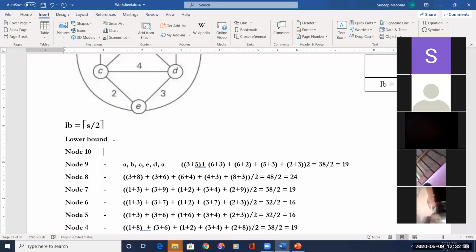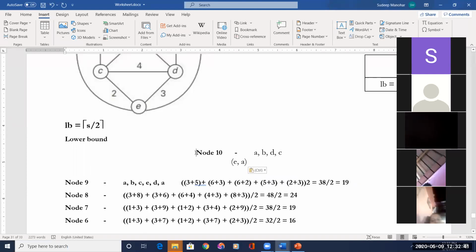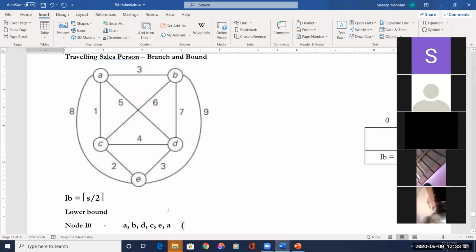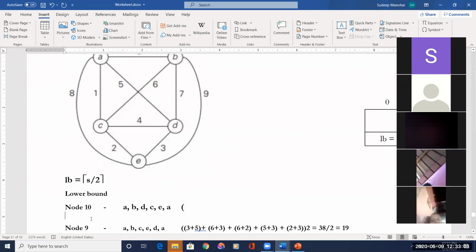The path considered is this. Okay. Next, calculate the lower bound.